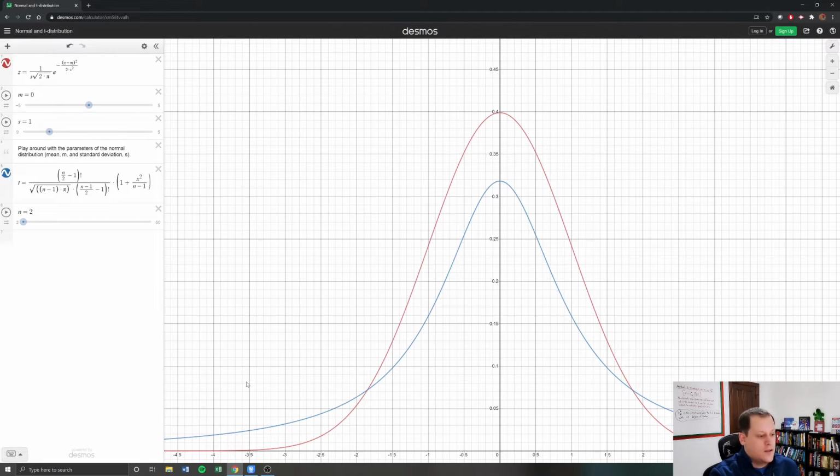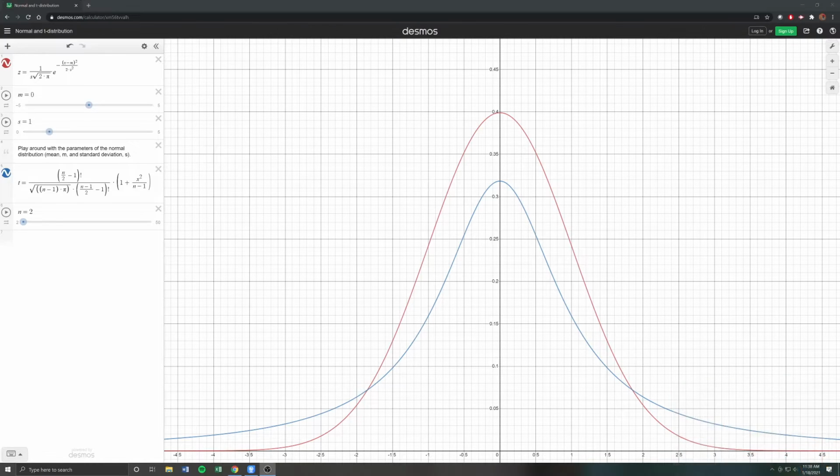You can take a look and compare those two curves. You can see that the t curve, the blue one, has the same general shape as the standard normal. It's unimodal, it's symmetric, and it appears to be symmetric about the very center of the curve.